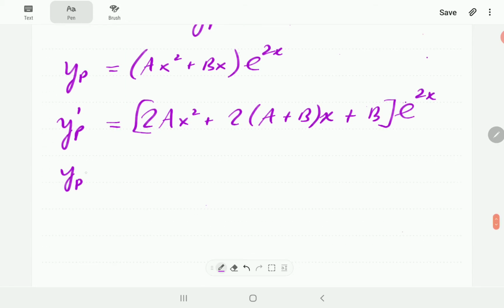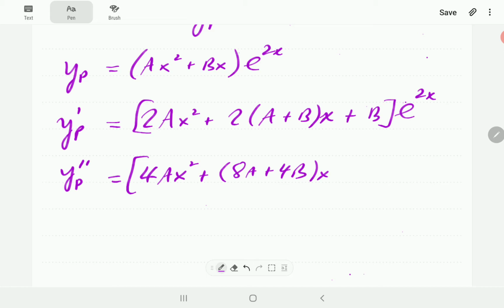Then the second order derivative term similarly is going to be 4ax squared plus 8a plus 4bx plus 2a plus 4b all times e to the 2x.